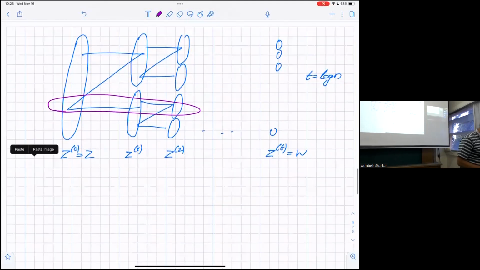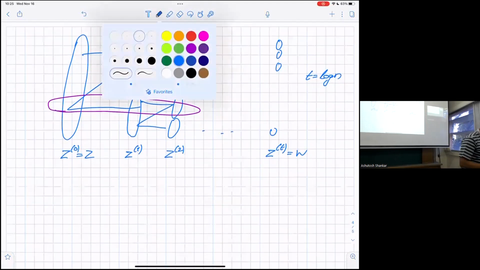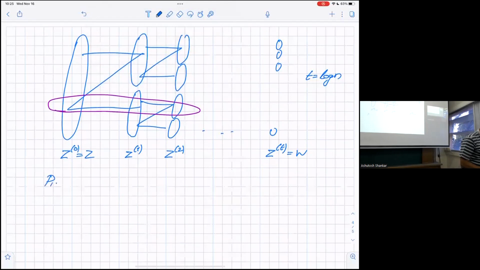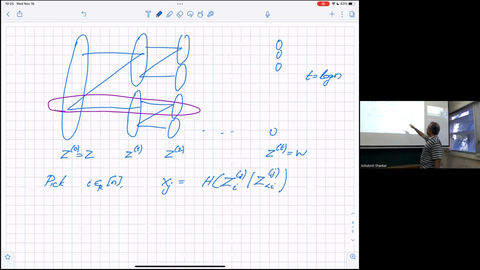So let's pick I at random from n and set the random variable Xj to be the entropy of Zj,I given Zj,less than I. Xj is basically the conditional entropy in the jth phase of this random bit I. The only randomness over here is the I, which indexes everything.